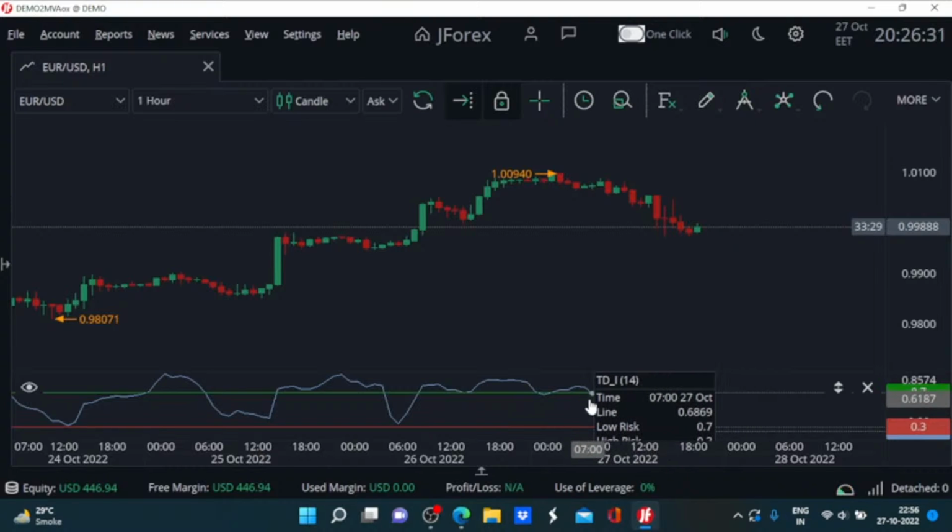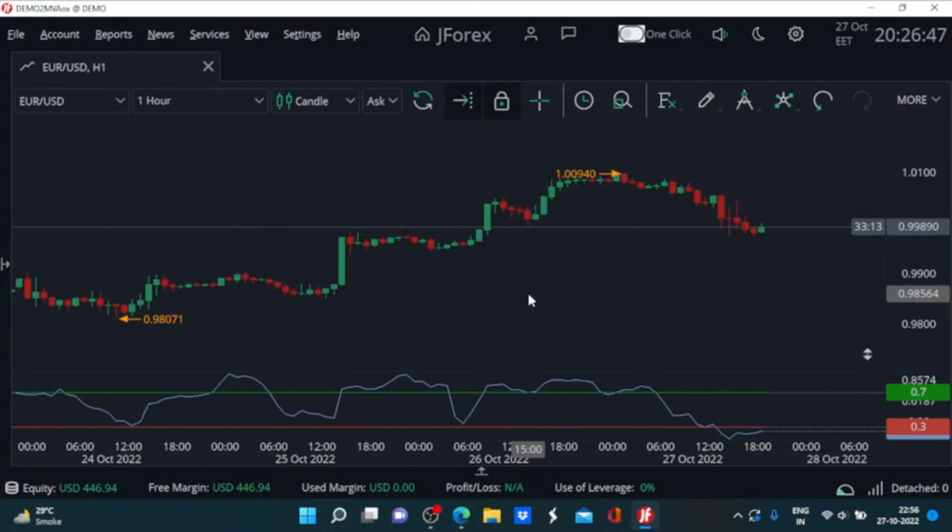And if it is within this band, 0.7 on the higher side to 0.3 on the lower side, then it is much better to avoid taking any new trades, as there is an absence of strong momentum. So we have both these formations, where we can take a long trade with high risk and low risk formations.